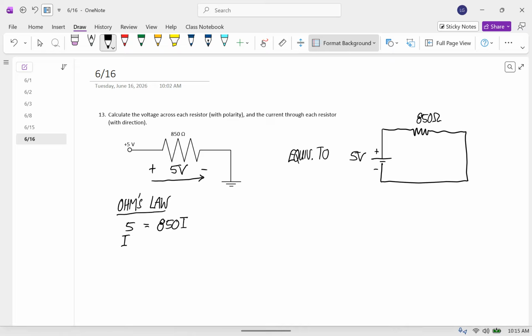Then do that division, and the current is 0.005882 amps. Or if you want it to look a little cleaner, move the decimal point 3 places over for milliamps. And so this is 5.882 milliamps.